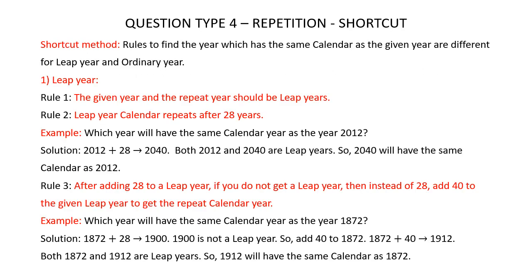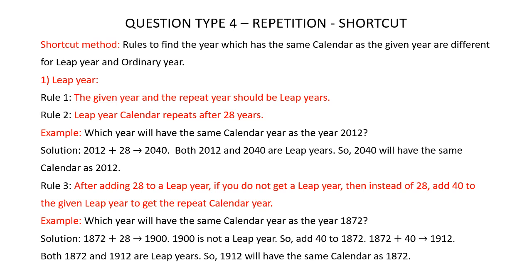Now you can answer type 4 questions, which is repetition of calendar year, by shortcut method also. But you have to remember the rules to find the year which has the same calendar as the given year. Now the rules are different for leap year and ordinary year.